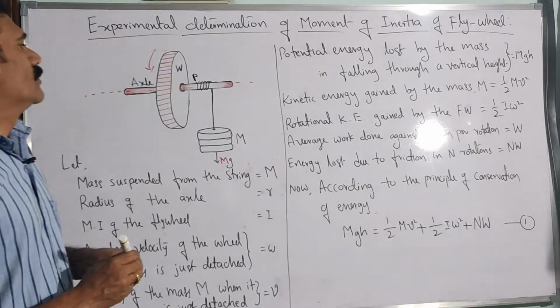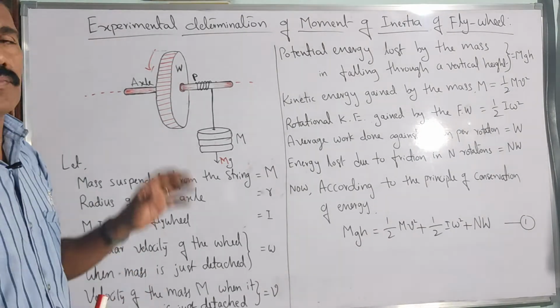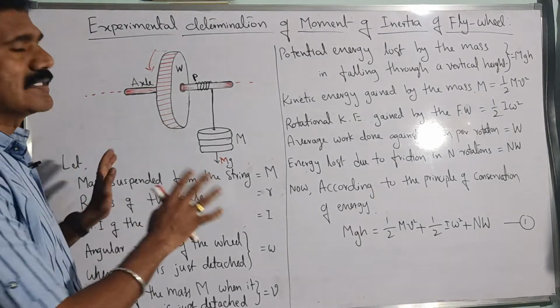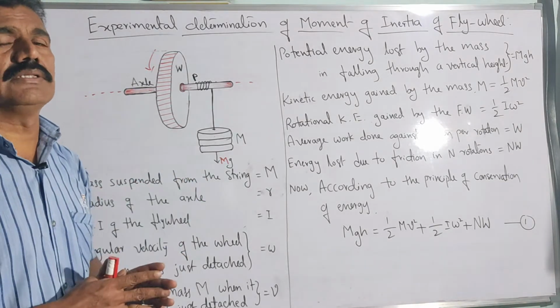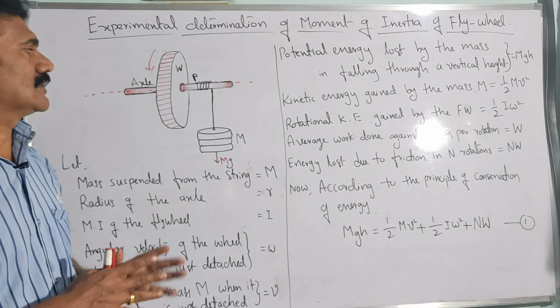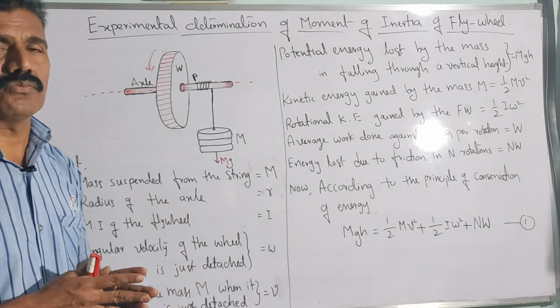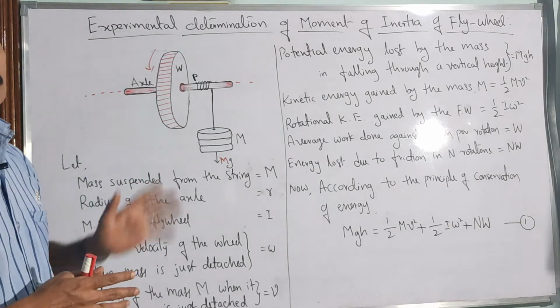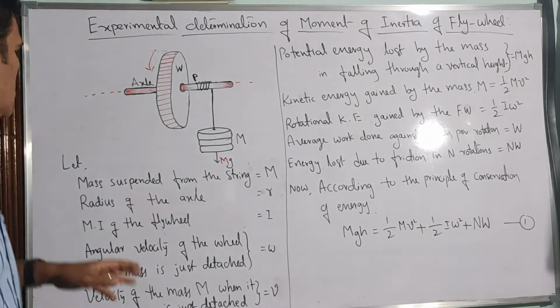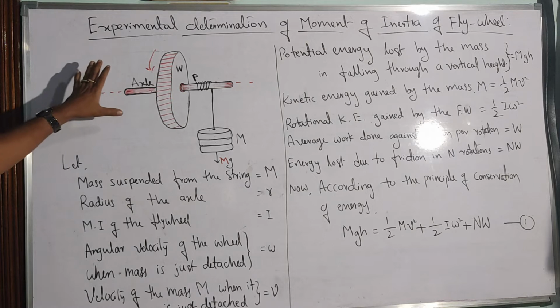So to find the moment of inertia of the flywheel, you have to consider the total physics behind it. There is a lot of physics behind the simple flywheel. You have to consider all those concepts here to find the experimental formula for the moment of inertia of the flywheel. So let us consider the experimental part here.